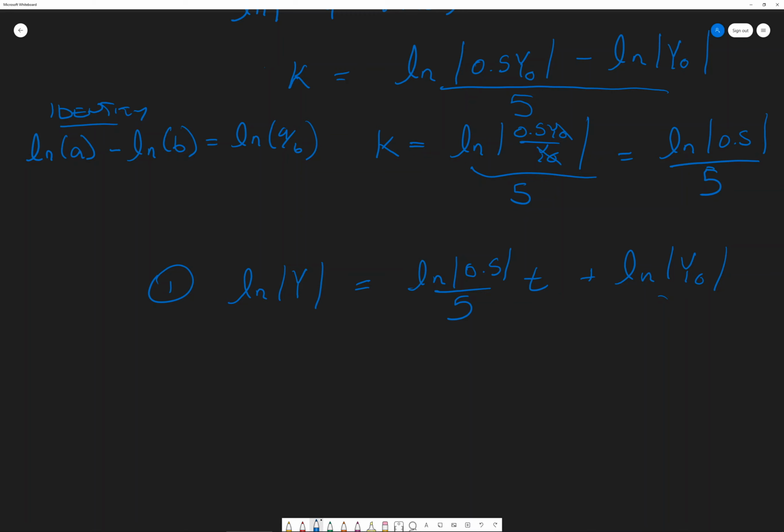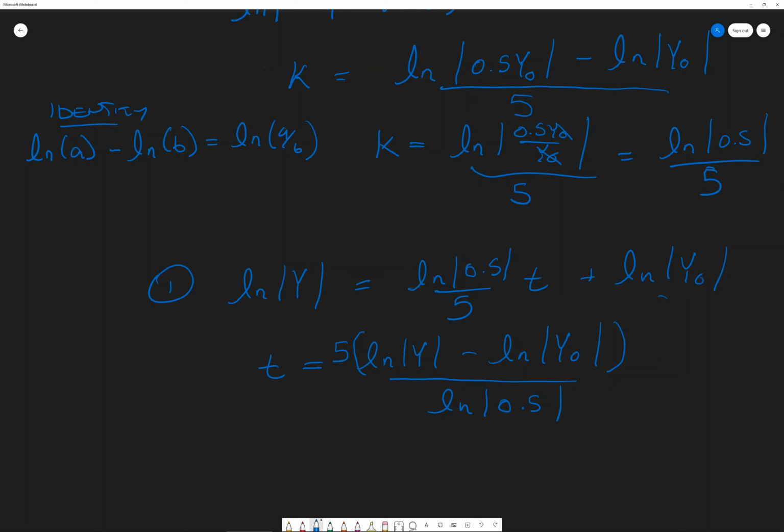So t is equal to our ln of y minus ln of y naught, multiplied by 5, and then divided by ln of 0.5.